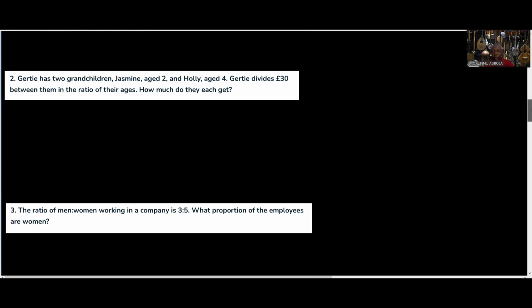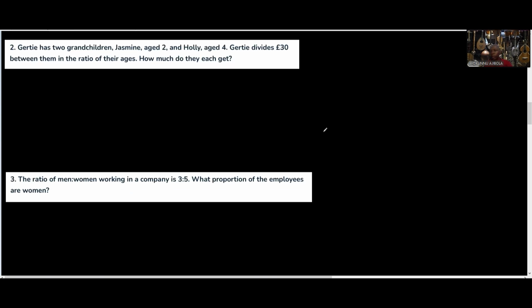And the second question: Gertie has 2 grandchildren, Jasmine aged 2 and Holly aged 4. So Gertie divides 30 pounds between them in the ratio of their ages. How much do they each get?